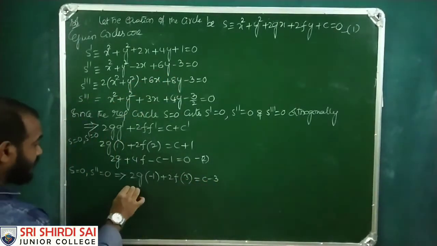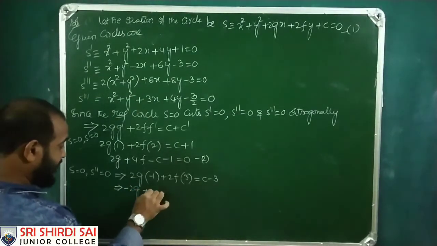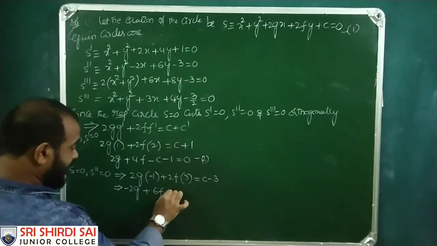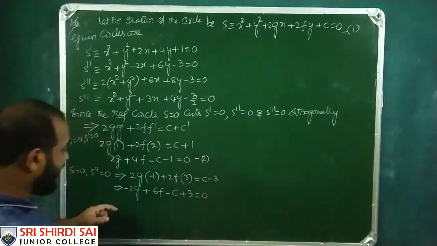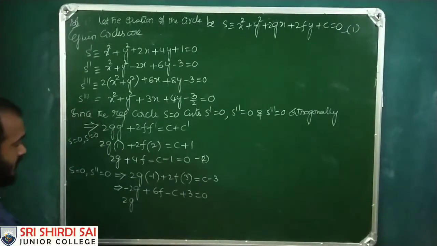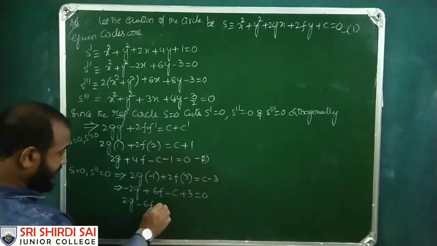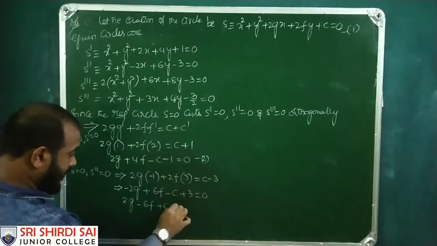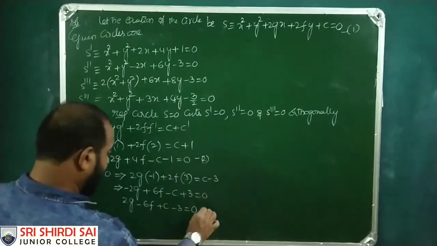This is minus 2g plus 6f minus c plus 3 equals 0. If I take minus in common, we will be getting 2g minus 6f plus c minus 3 equals 0. Let us take this to be the third equation.